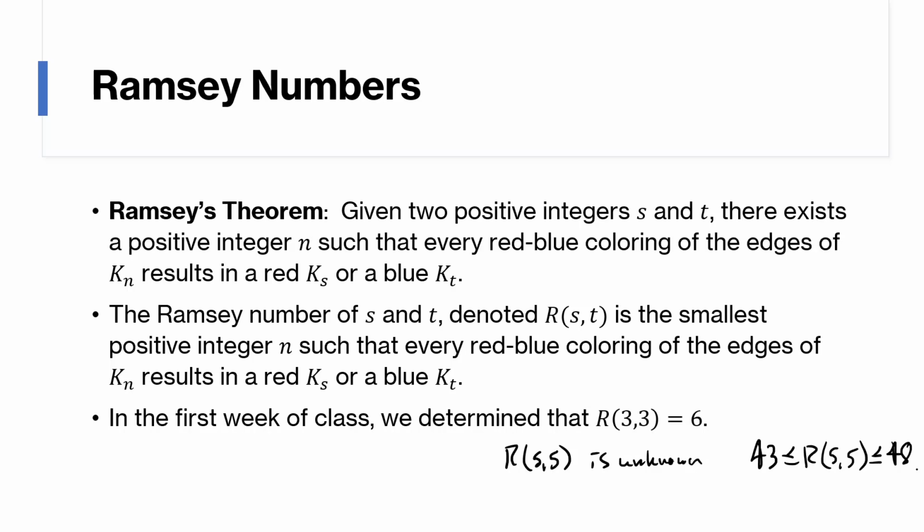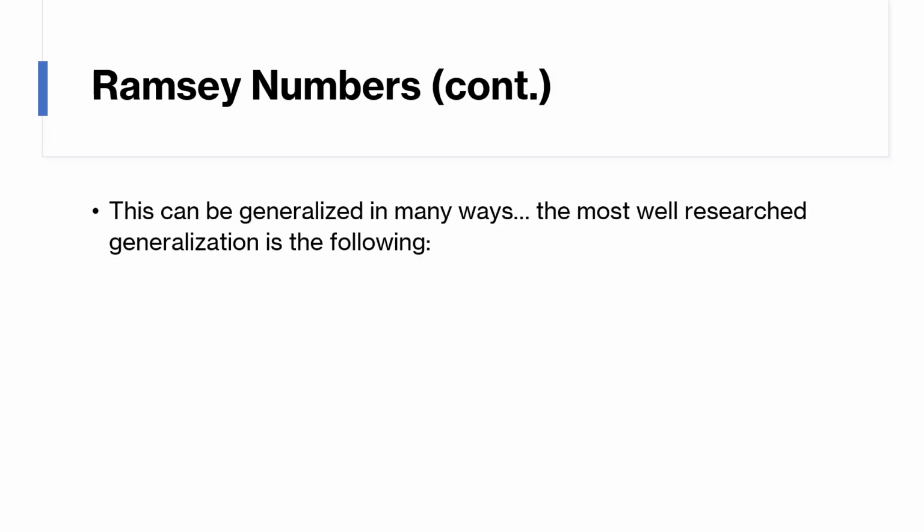And then there's lots of variations of these, because these are, in general, very difficult problems. And it's hard to do a specific case of this. So there are some variations of this, some generalizations.